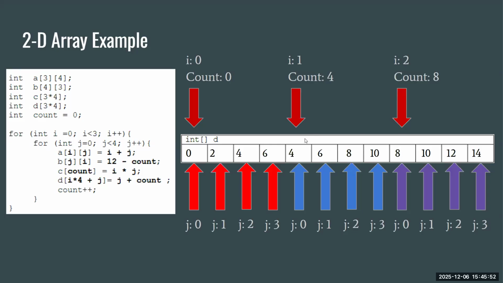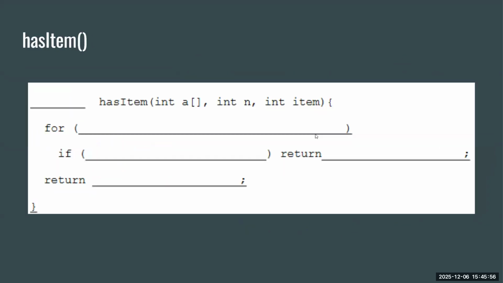Okay. So now we'll move on to some of the array functions that were on your handouts. The purpose of this function is to see if an array has a certain item, and if the array contains that item, we return a Boolean.